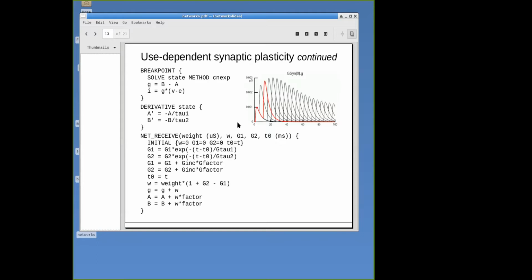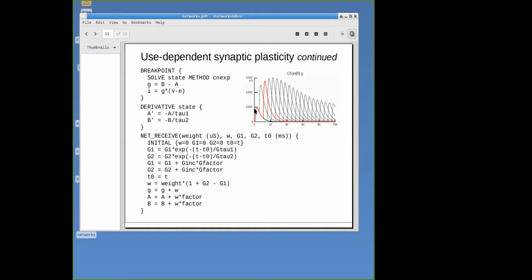So that's where we get the bi-exponential time course of our unitary response, and of our test responses as well, from the difference between the solutions to these two ordinary differential equations. Okay, so far so good, and we see the usual formula for calculating the current as a product of conductance times driving force.